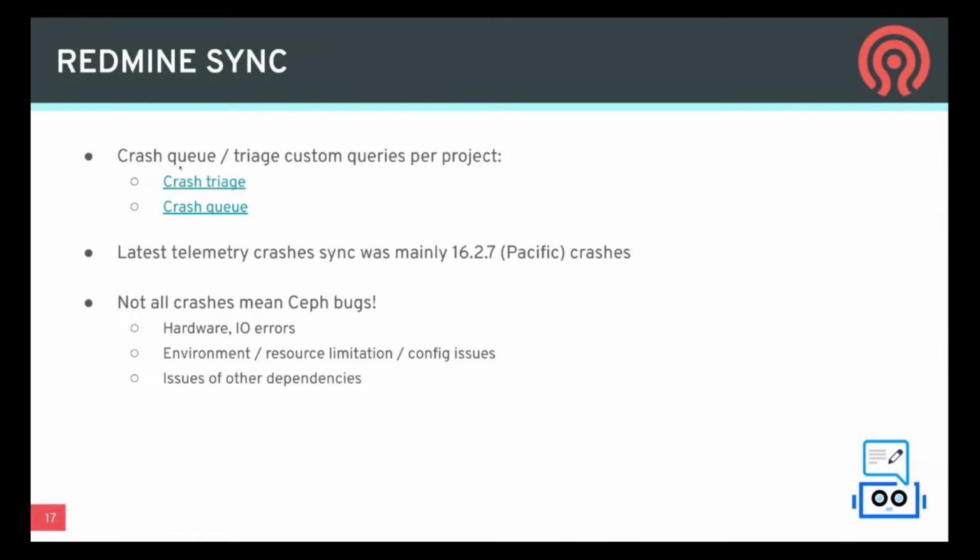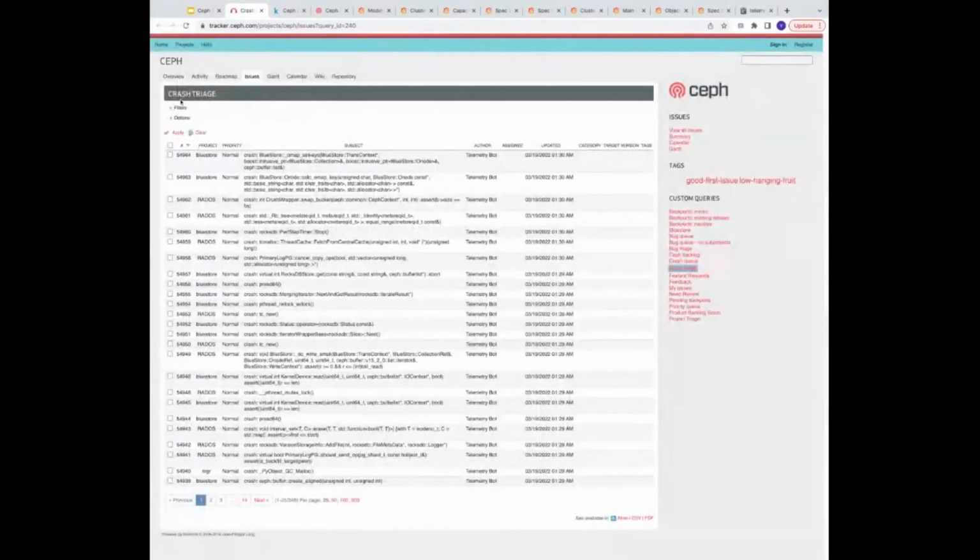So we have custom queries for the crashes that we synced. So first one would be the crash triage. This one specifically is for Ceph, for the entire project. So we will have all the crashes here that are new, that are opened by the telemetry bot.